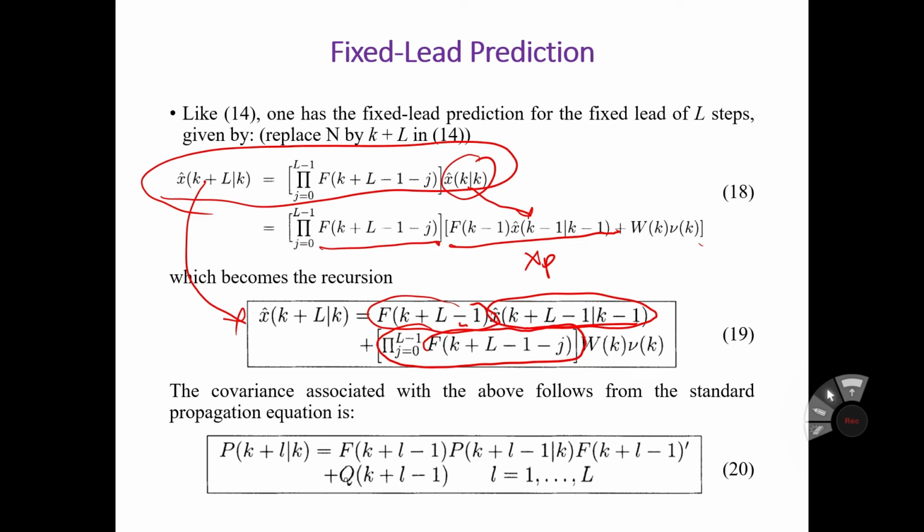Okay, and the covariance associated with the above follows from the standard propagation equation like this one. This is again similar to F_k P_k|k F_k transpose. This is the same thing, we just include the fixed lead time sequence inside the bracket.